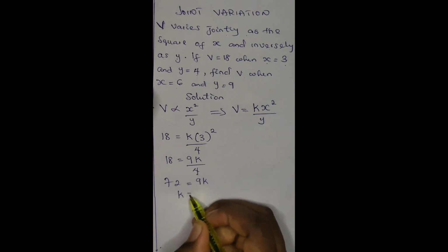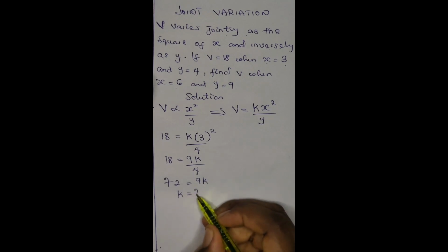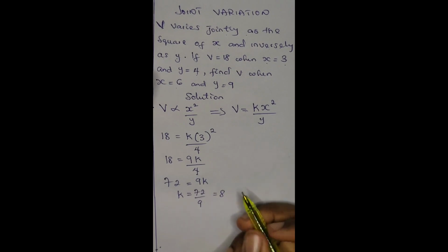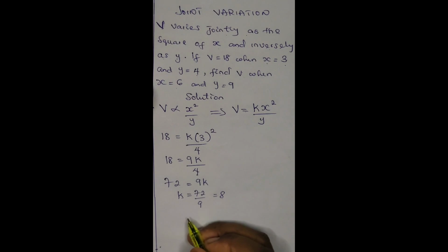So k will become, dividing both sides by the coefficient of k, which is 9, 72 over 9, which is equal to 8. So we've gotten our constant as 8. So establishing the equation connecting v, x, and y, we have v equal to 8 x squared over y.